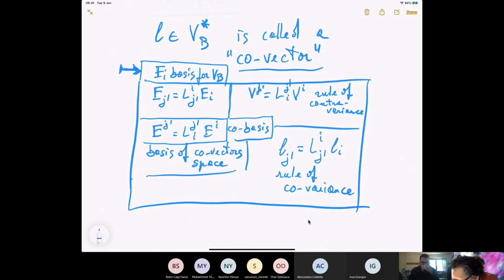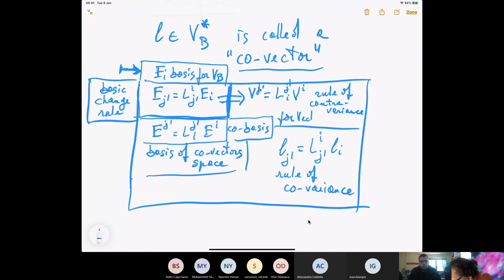You change the basis. This is the basic change rule. Then, as a consequence, you get the rule of contravariance for vector components.